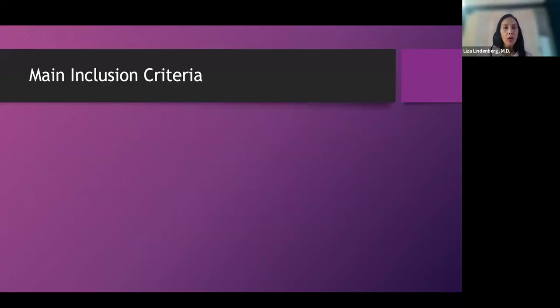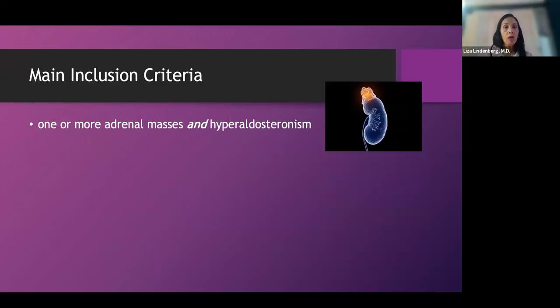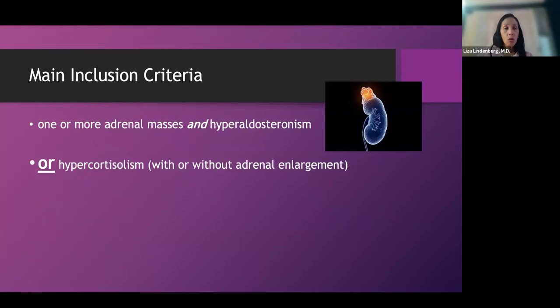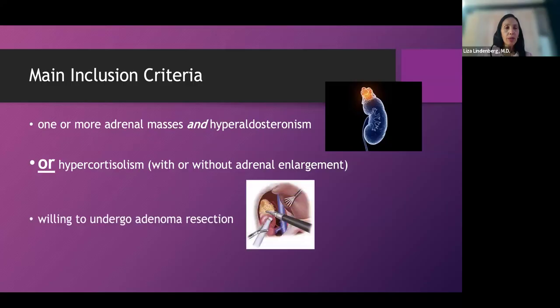So the main inclusion criteria we're looking for is to have a patient who has one or more adrenal masses on CT and or MRI with biochemical evidence of excess aldosterone or evidence for ACTH dependent or independent hypercortisolism with or without adrenal enlargement. And they must be willing to undergo adenoma resection if warranted.